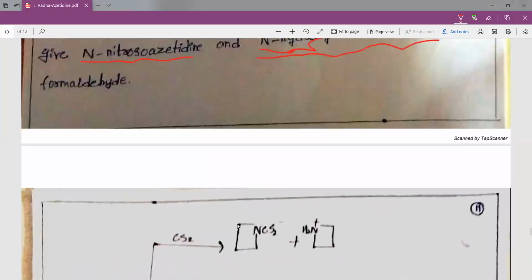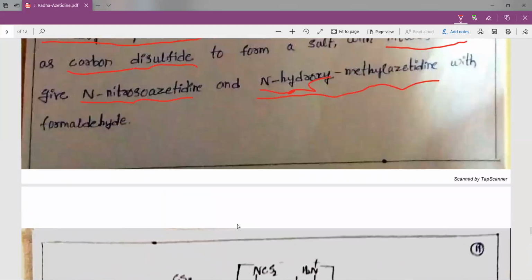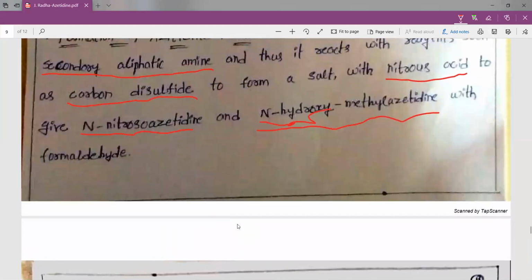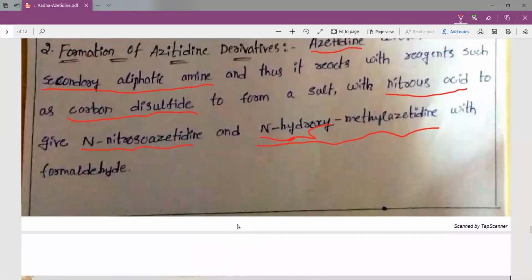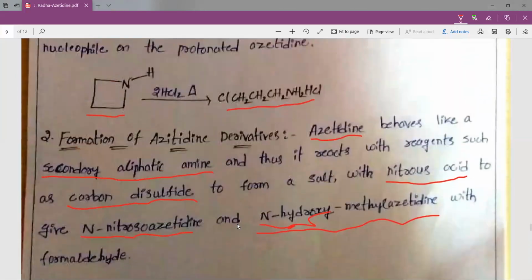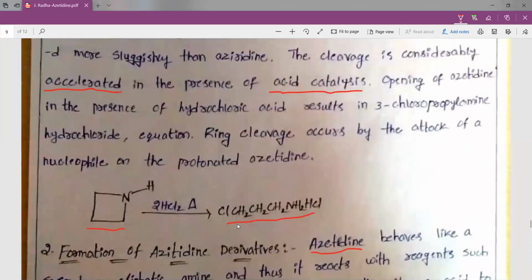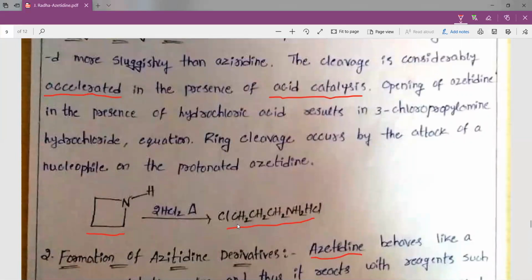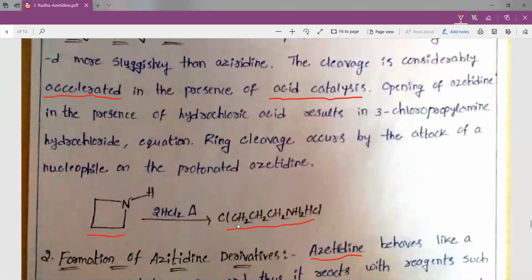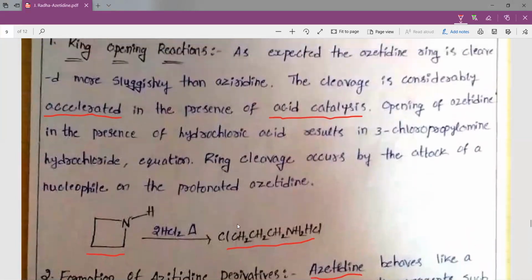These are reactions concerned with the secondary aliphatic amine. And then reaction with hydrogen chloride. It forms the 3-chloropropylamine hydrochloride salt when treated with hydrogen chloride.